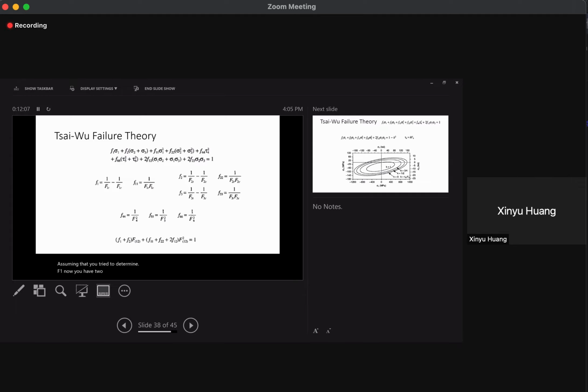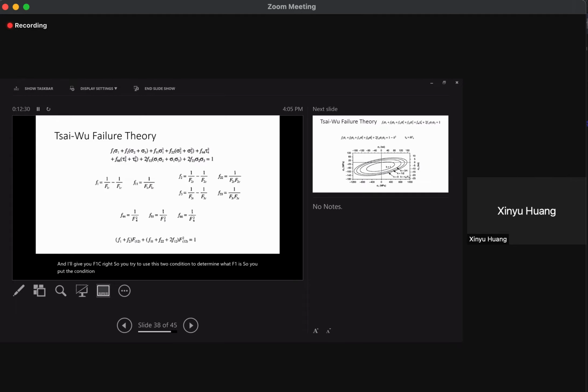Once you pull the composite in one direction, that gives you F1T. Right, you pull it, and you compress it, and that gives you F1C. So you try to use these two conditions to determine what F1 is. So you put the condition in.